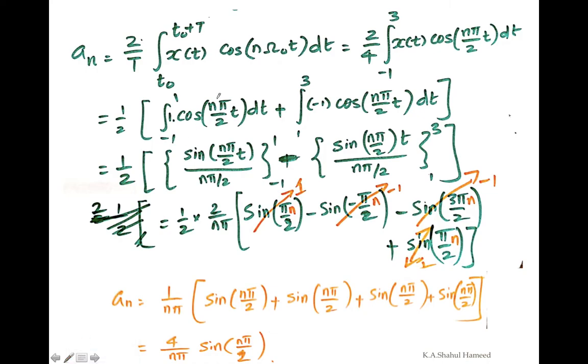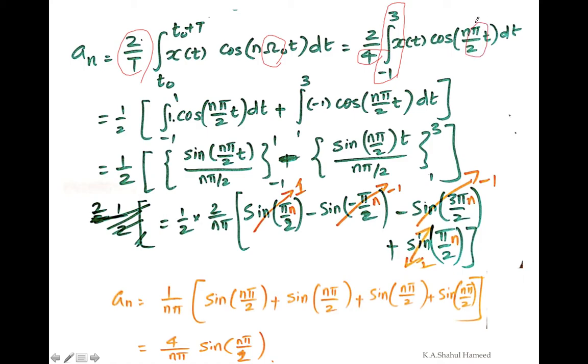The formula to find a n is equal to 2 by T integration over T naught to T naught plus T of x of t cos n omega naught t into dt. Now we are going to substitute the value of omega naught and also the limit. The limit is minus 1 to 3, T value is 4 and omega naught is equal to pi by 2.